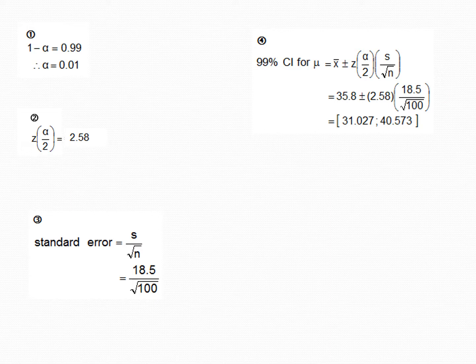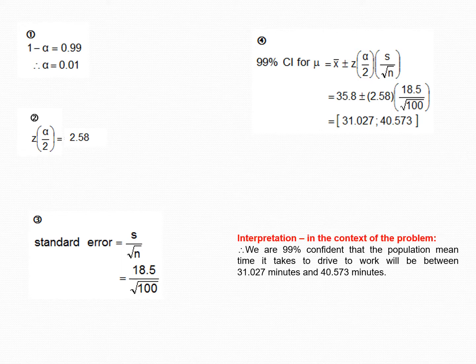So we can plug in our values, and our lower limit will be 31.027, and our upper limit of our confidence interval will be 40.573.